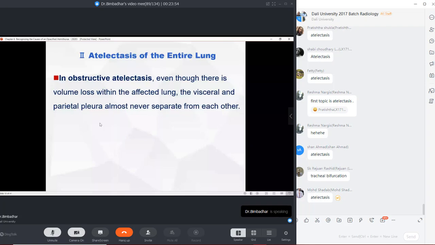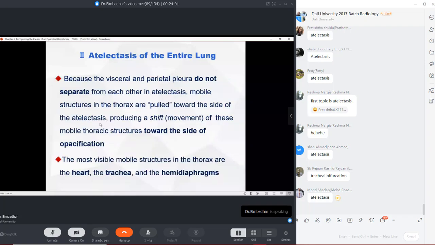In obstructive atelectasis, the visceral and the parietal layers never separate. Now, what actually happens is that they will pull all the lung towards the side of atelectasis, which means to say there is ipsilateral pulling, producing a shift of these structures towards the side of opacification, right?